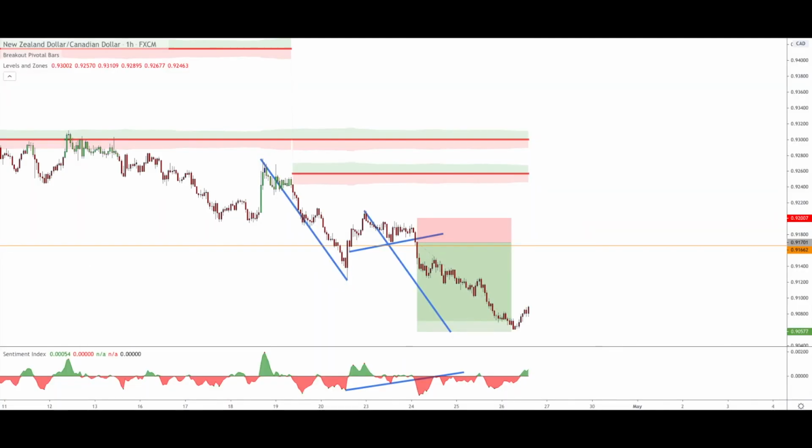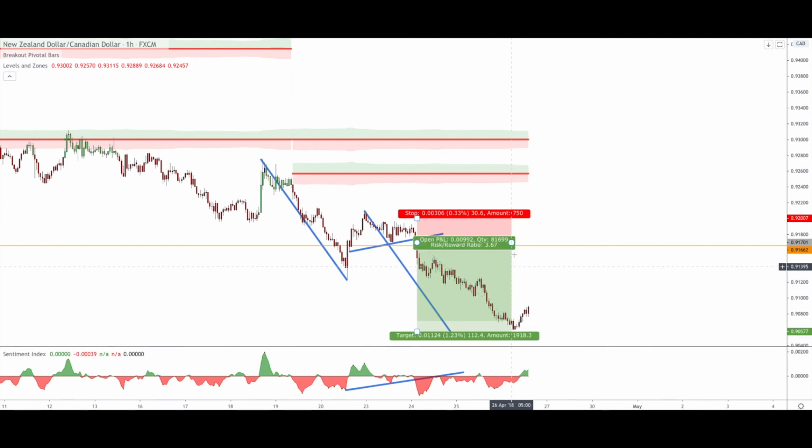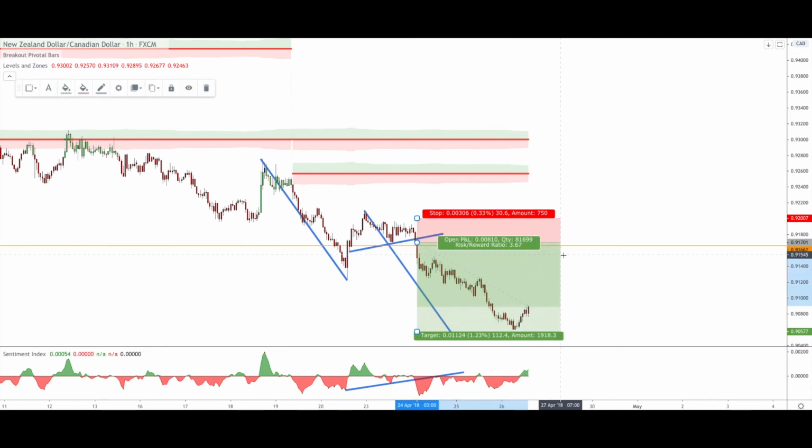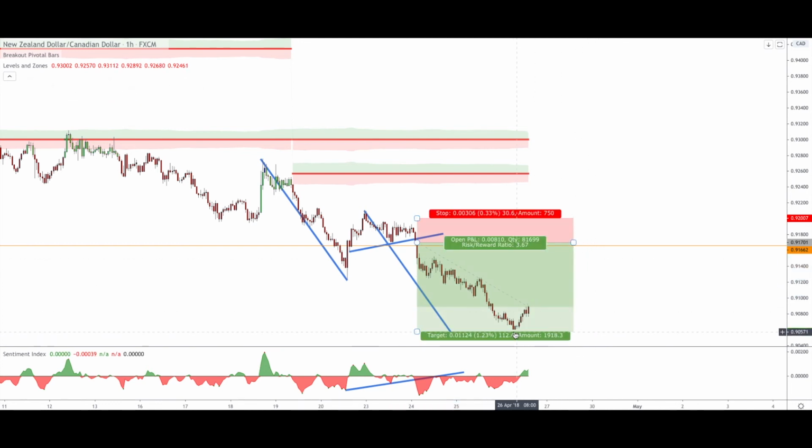Okay, so we are a little bit unlucky because we almost touched our target, but unfortunately we didn't, and the price is retracing a little bit. Let me extend this so that it's clear. So we barely missed the target, and we must wait a bit more.